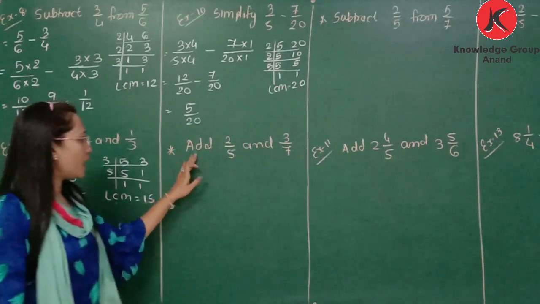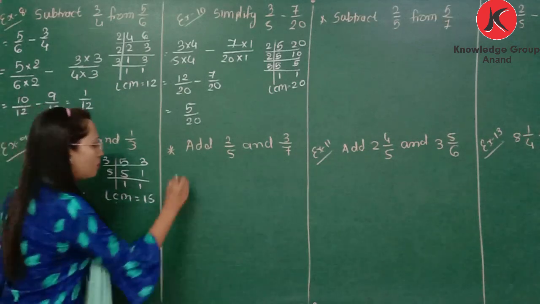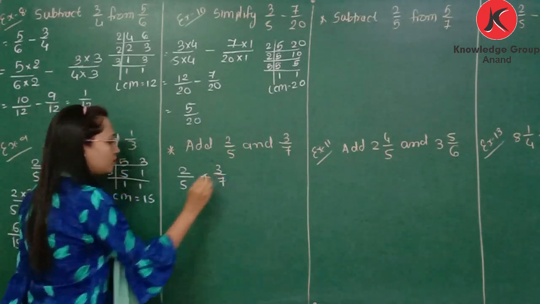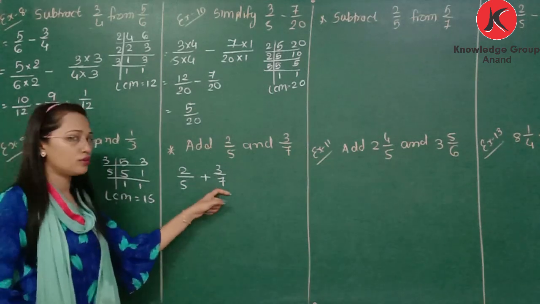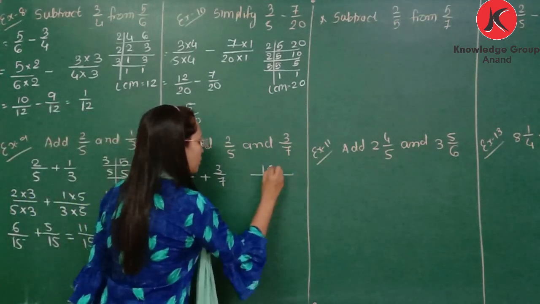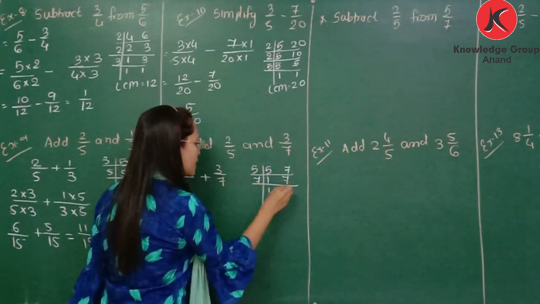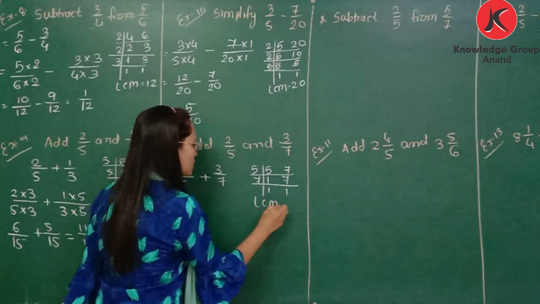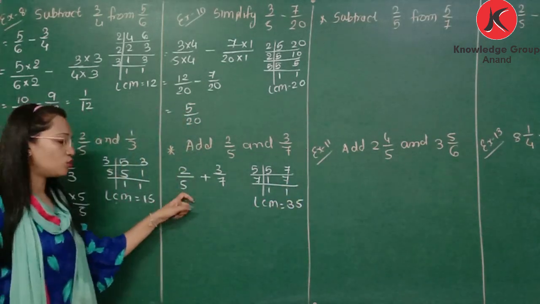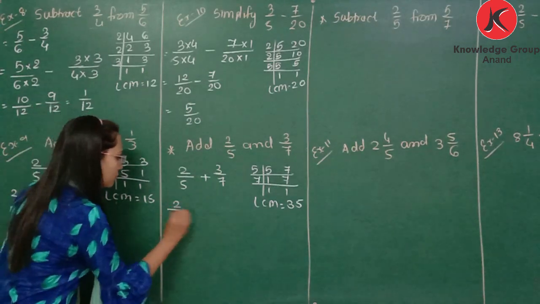Okay. Now next, add 2 by 5 and 3 by 7. So we can write 2 by 5 plus 3 by 7. So here what do we need to do? Take the LCM of 5 and 7. 5 ones are 5, 7 ones are 7. So the LCM is 35. To get 35, we should multiply 5 with 7.